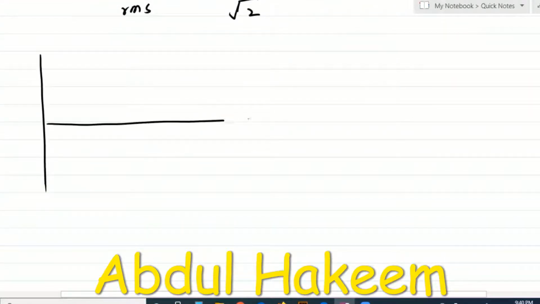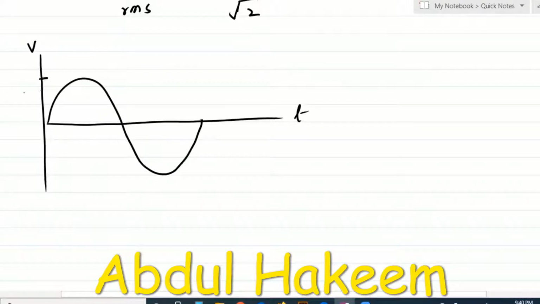Suppose we have alternating voltage. This is the voltage. This is the peak voltage, and 71% of the peak voltage is the RMS. Similarly here, this is the minus V naught, and this is the RMS voltage.